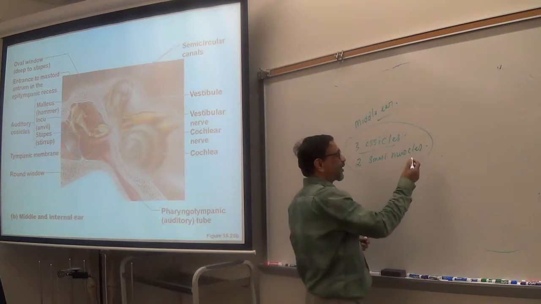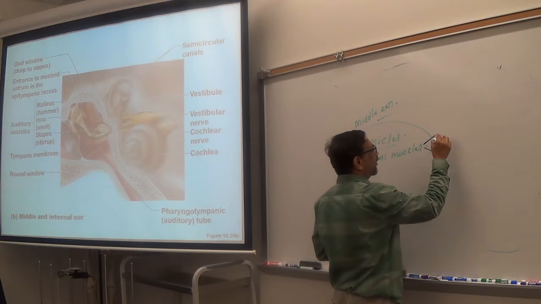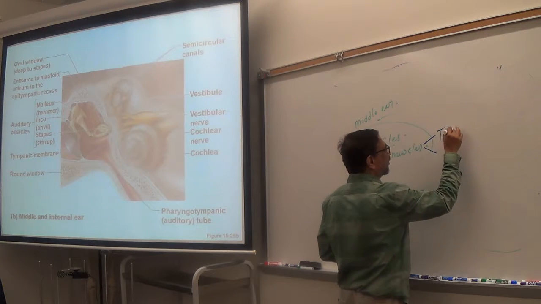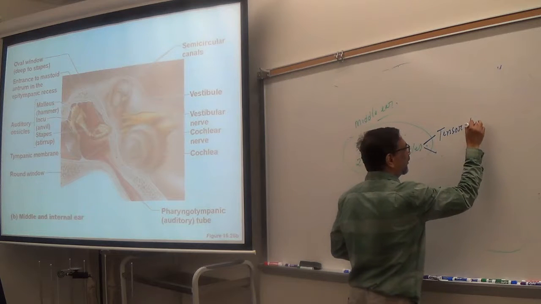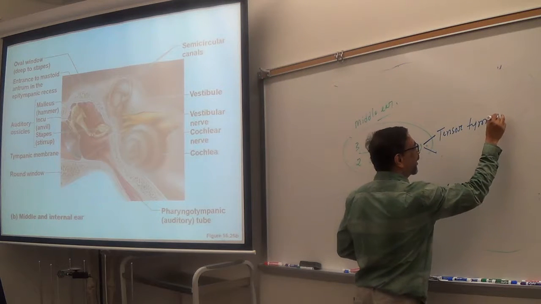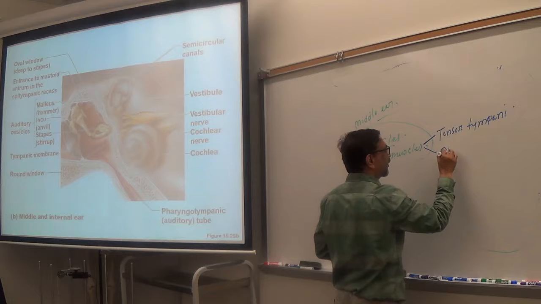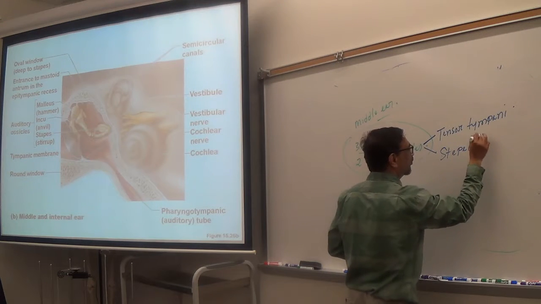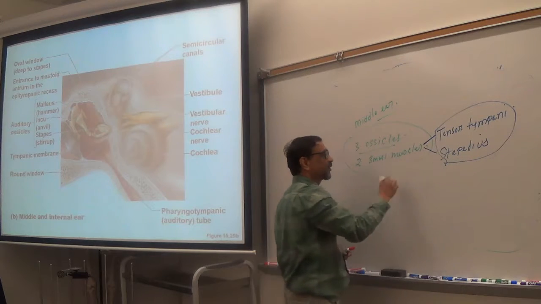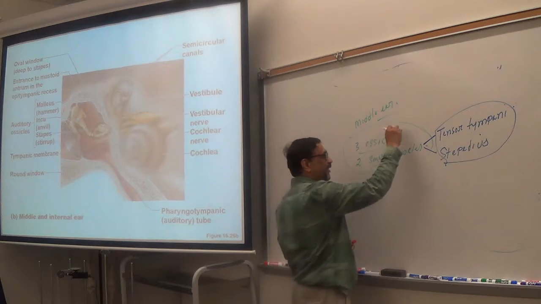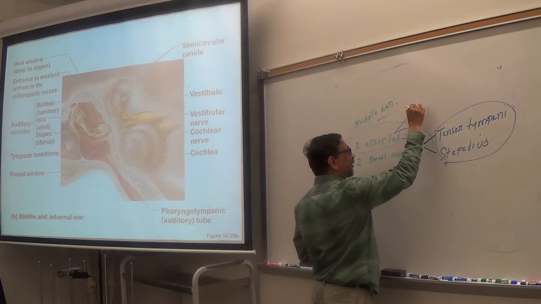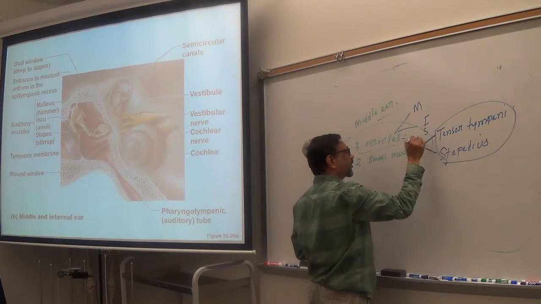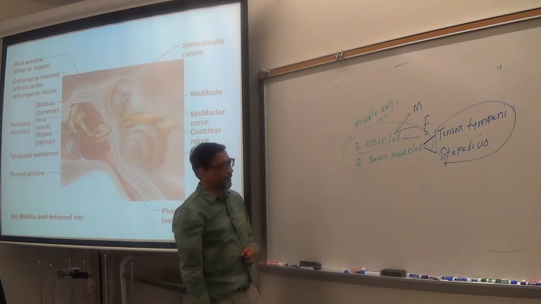And two small muscles, let me write it down. Tensor tympani and stapedius. These are two muscles, tiny muscles. And three ossicles are malleus, incus, and stapes in the middle ear.